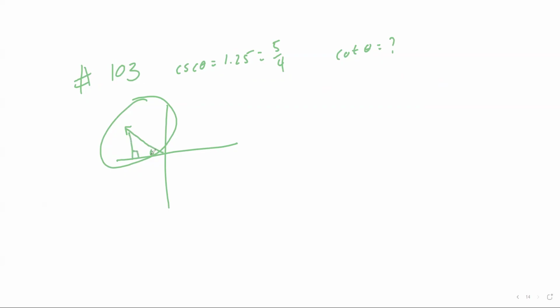Let's call this theta right here. Cosecant, again, is the inverse of sine. Sine is opposite over hypotenuse, but with cosecant, it will then be hypotenuse over opposite. So this would be my 5. This will be my 4. All we gotta do is figure out our adjacent.